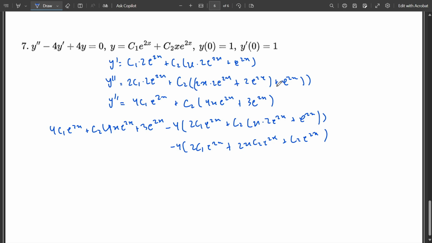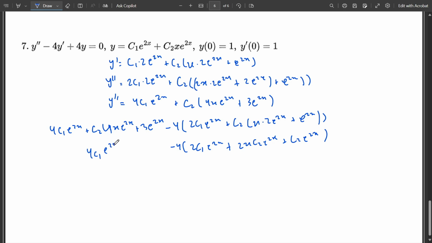Sorry, my bad, I'm tweaking. It's 2x e to the 2x plus e to the 2x. Okay, this should be correct. Correct me in the comments if I'm wrong. Okay, let's continue.